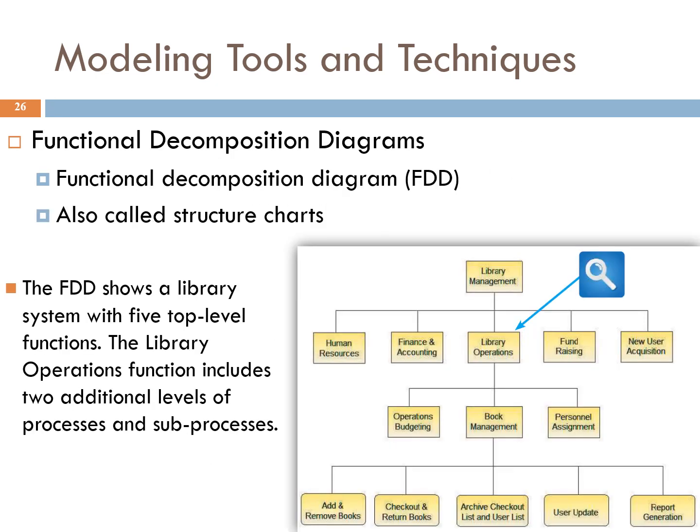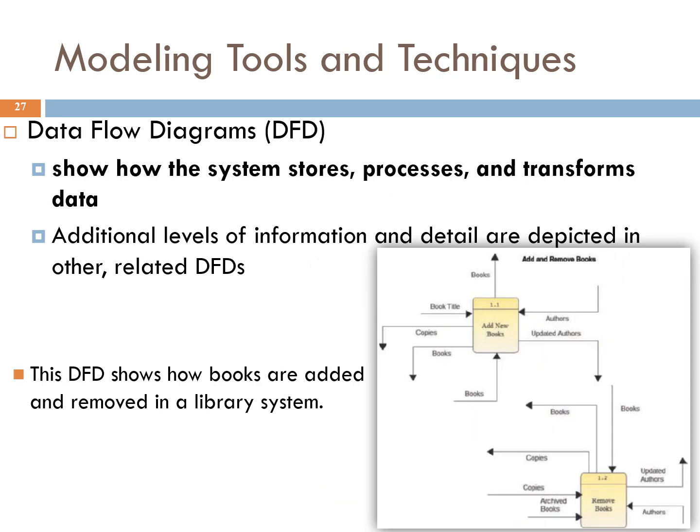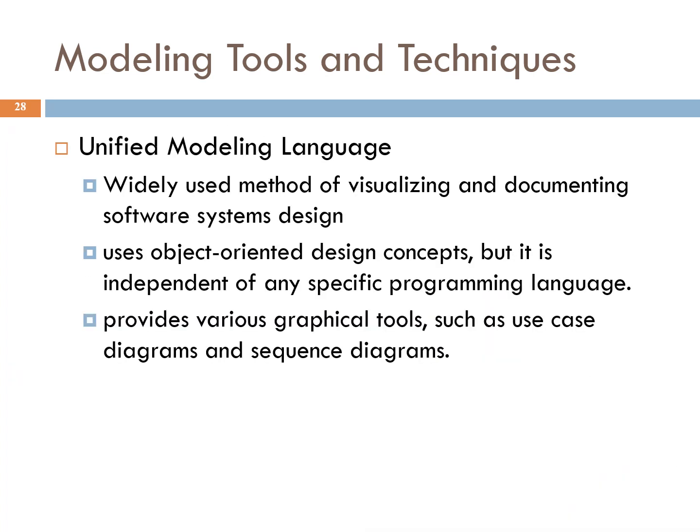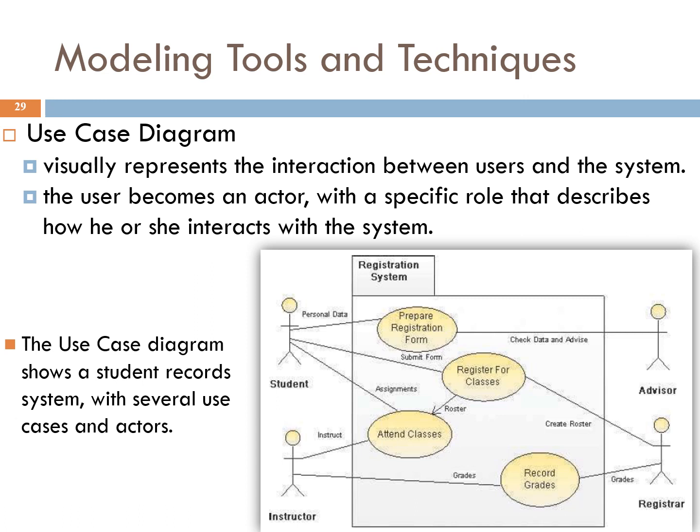Here we look at an example of FDD, functional decomposition diagrams. You may pause and look at the explanation and the diagram. This is DFD. You might be familiar with DFD. Next is UML, use case diagram.